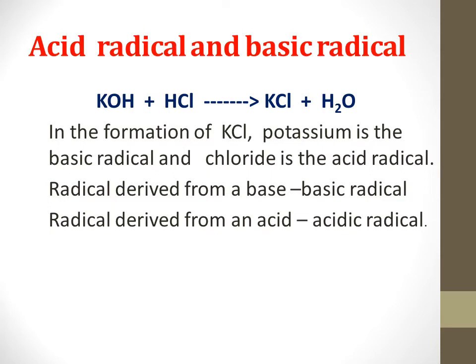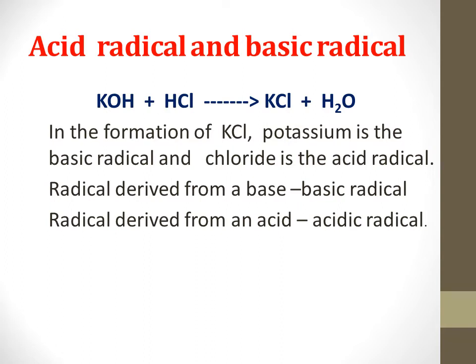So in the formation of potassium chloride, potassium is derived from the base KOH and chloride is derived from the acid HCl. Therefore, potassium, which is derived from the base KOH, we call a basic radical. And the chloride radical, which is derived from the acid HCl, is known as an acid radical or acidic radical.